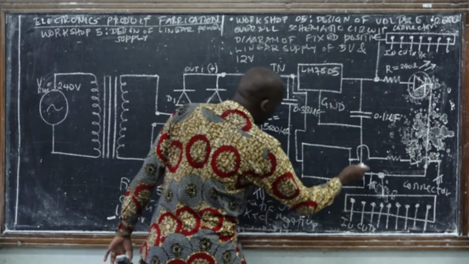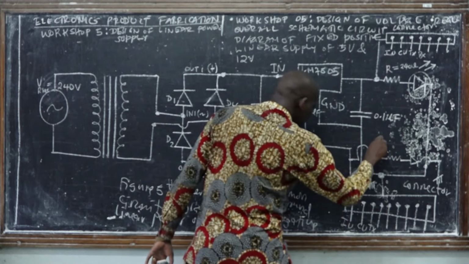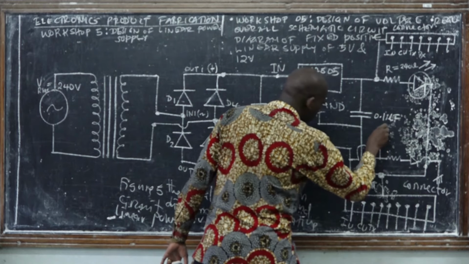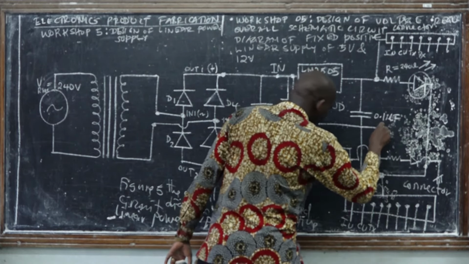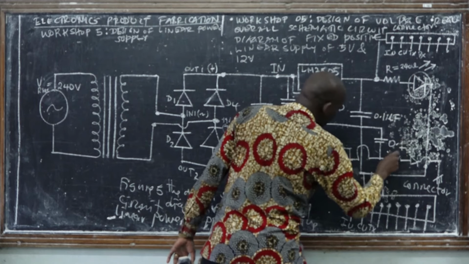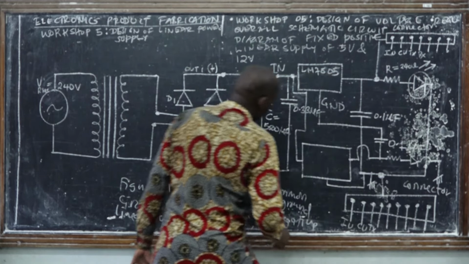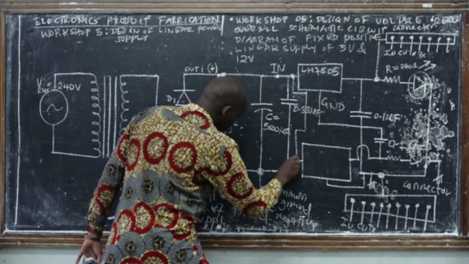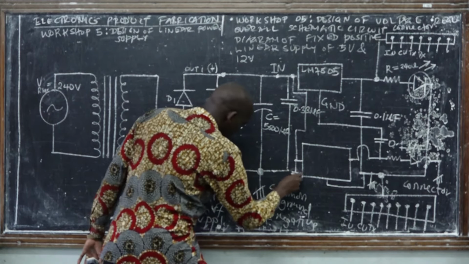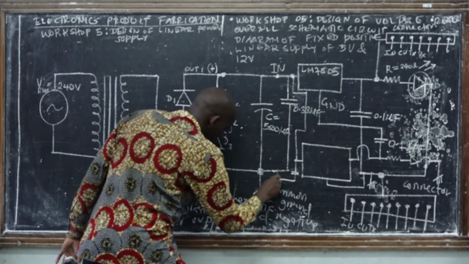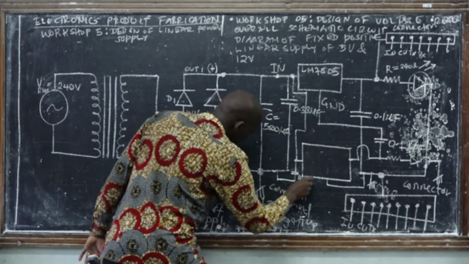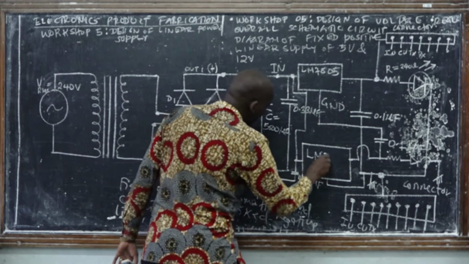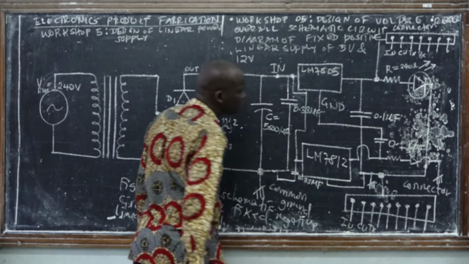Then this one we have to connect with a capacitor of 0.33 microfarad. And for this side also, we have to connect this input with a capacitor of 0.1 microfarad. So this possibly is LM7812.